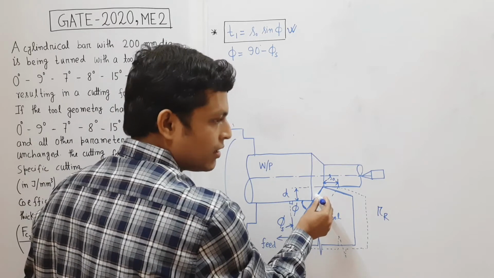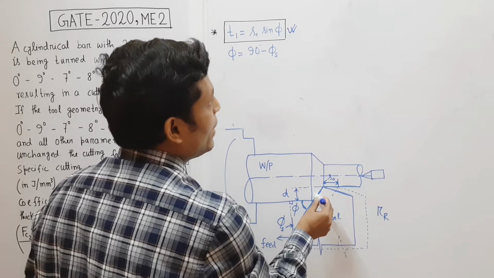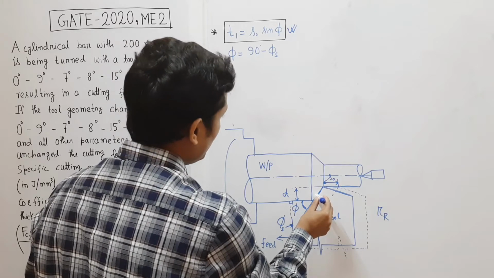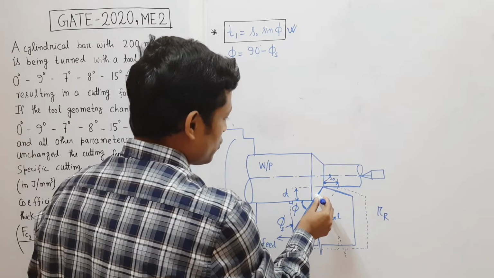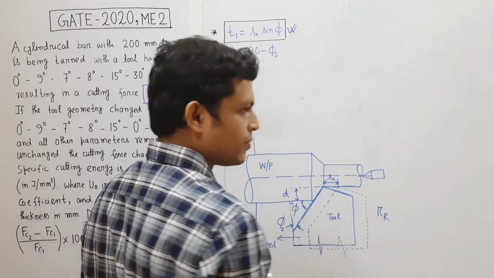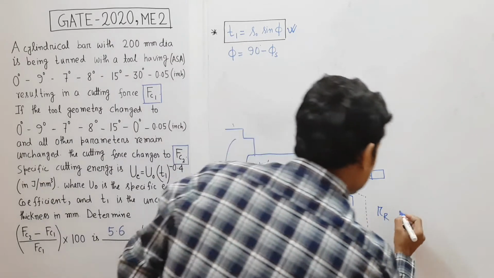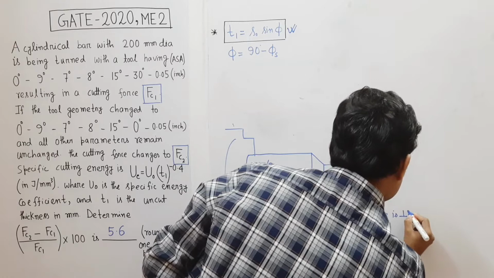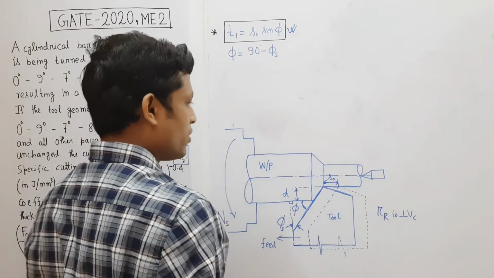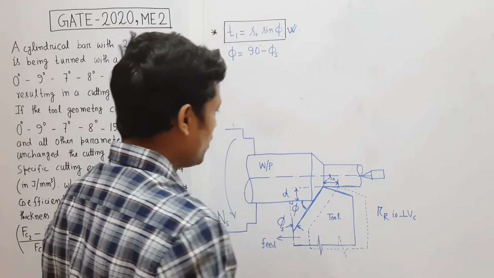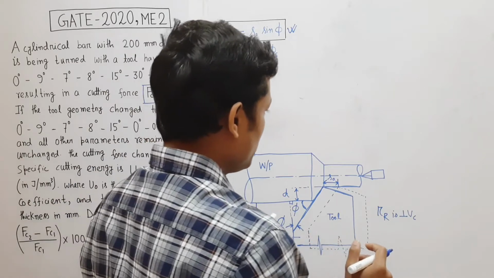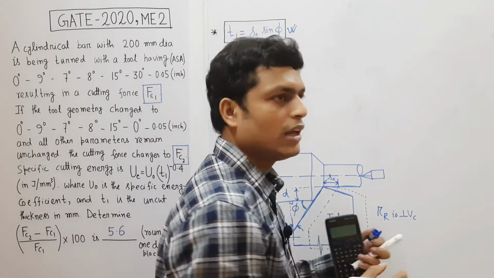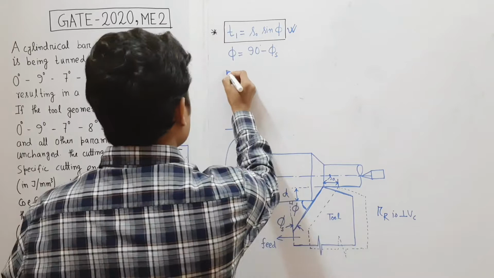Here the velocity vector will be perpendicular to this board. So pi r is the reference plane which is perpendicular to VC, and this view is drawn on pi r. Now if the machining is orthogonal machining, what is orthogonal machining?